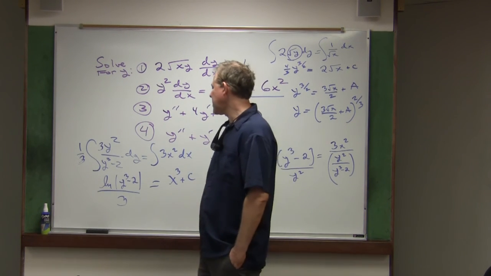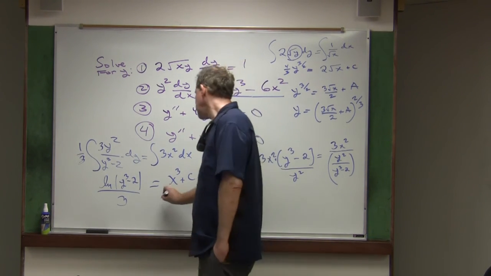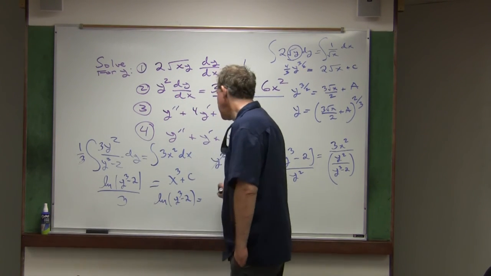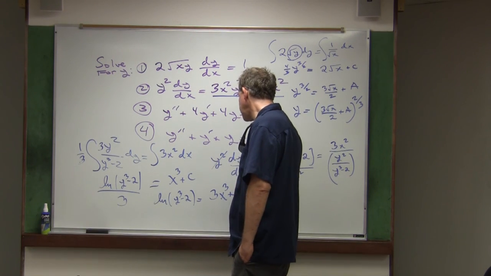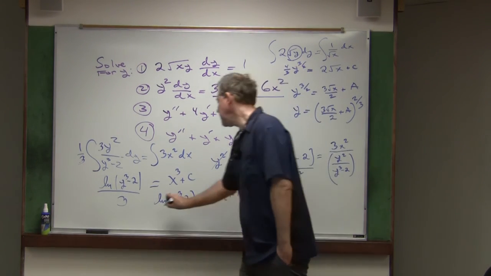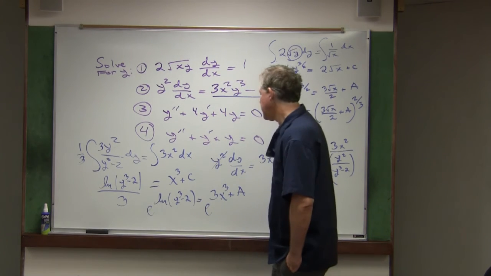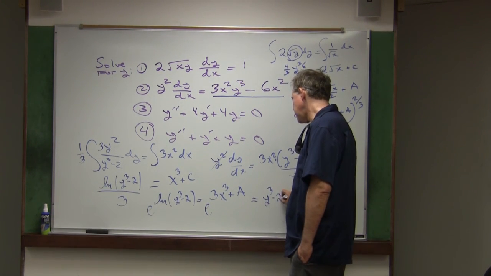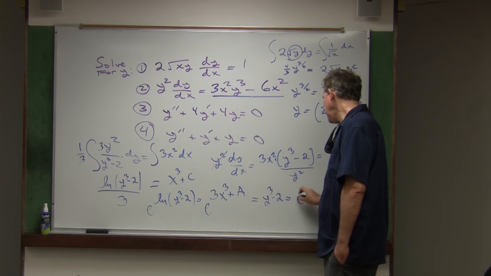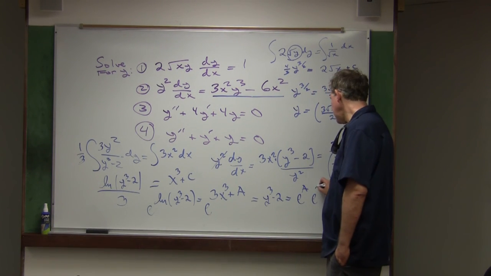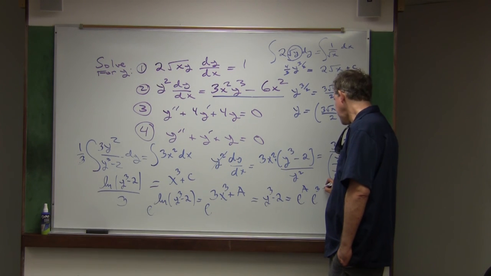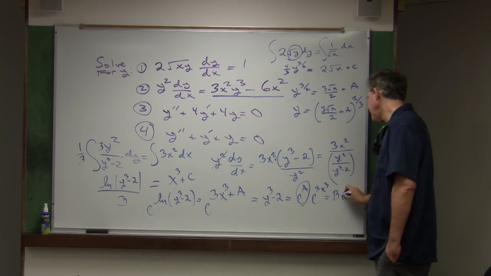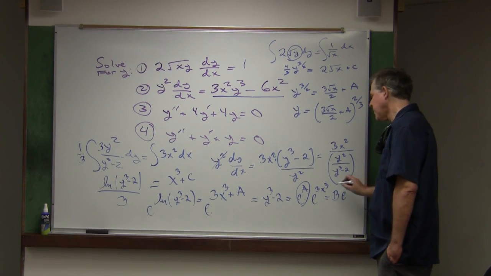And so then we'll do the trick. We'll get ln of y cubed minus 2 is 3x cubed plus a, renaming the constant, and then do e to this and e to that. And so y cubed minus 2 is going to be e to the a, e to the 3x cubed. Let's just rename this, call this b or something. Okay?